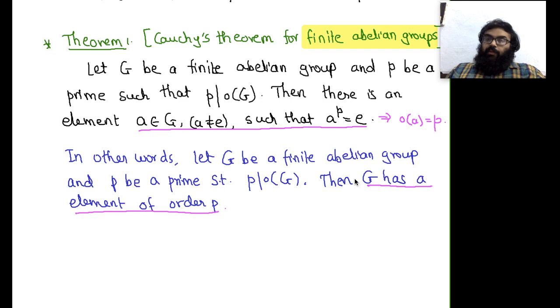Group of order 30. What are the primes dividing 30? 2, 3 and 5. So every group of order 30 has at least one element of order 2, at least one element of order 3, at least one element of order 5. So Cauchy's theorem says that if a prime divides the order of the group, right now a finite abelian group, otherwise in general, then G must have an element of order P.